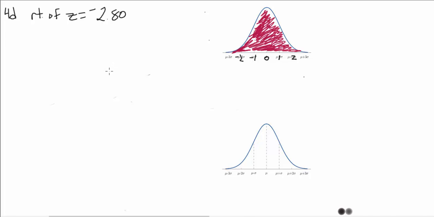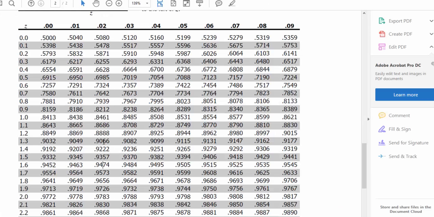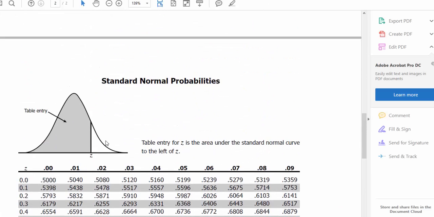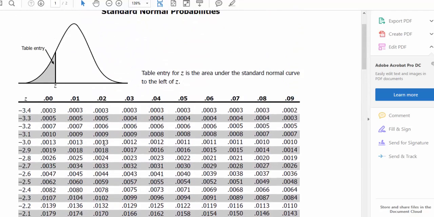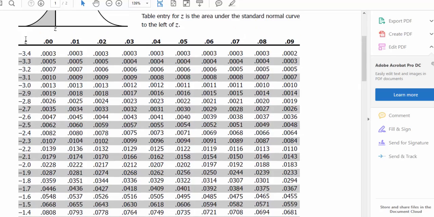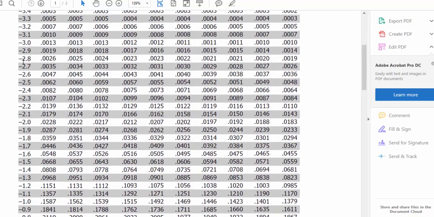Our next step then would be to pull up our table. So we're looking for negative 2.80. We look for z over here, negative 3, negative 2.8, negative 2.80.